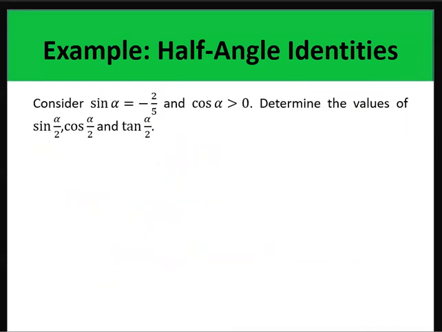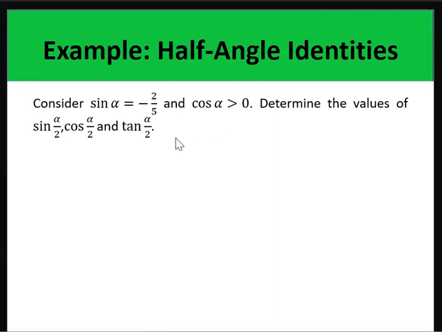Okay, and then for our last example, we will be finding the values of sine, cosine, and tangent of these half angle parameters, given the conditions that sine of alpha is negative 2 over 5 and cosine of alpha is greater than 0.